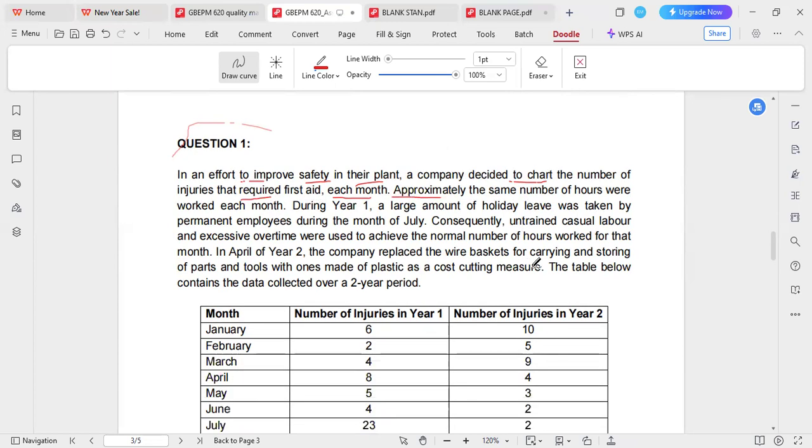Approximately the same number of hours were worked each month during 1 year.